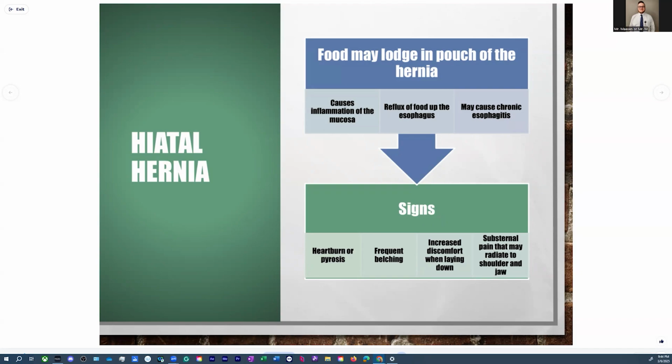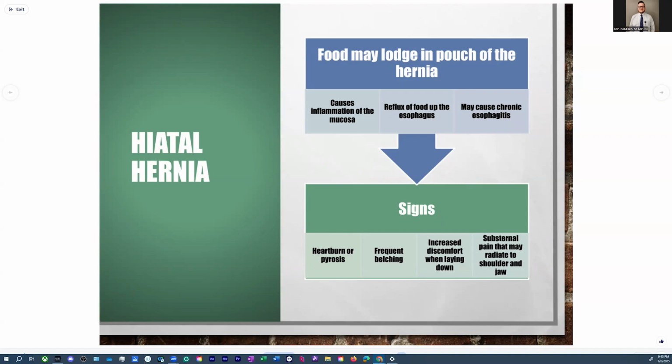The risk factors are weakness of the diaphragm, obviously. But typically this is related to increased abdominal pressure from obesity and weight gain or potentially pregnancy. Again, the symptoms are going to lead to GERD symptoms, gastroesophageal reflux disorder symptoms. We'll talk about that next. There's also general inflammation of the stomach and the esophagus, which could lead to ulcers or damaged blood vessels and bleeding.